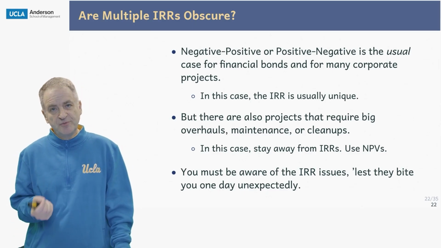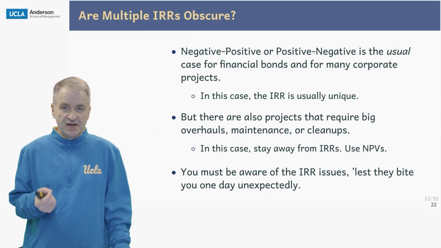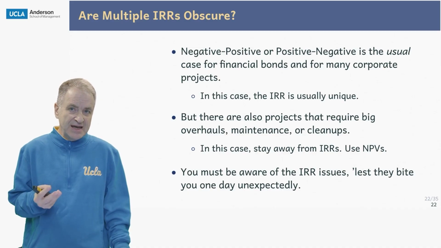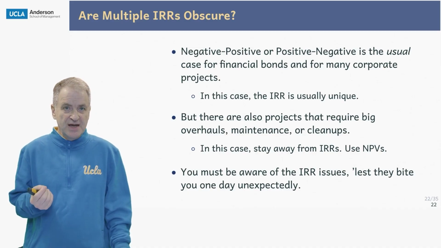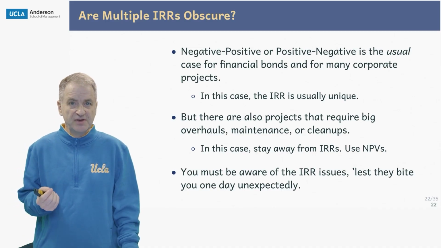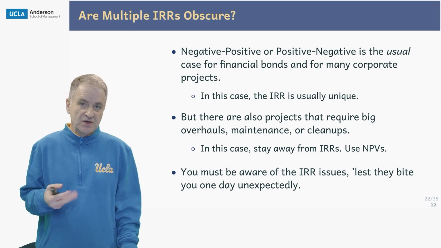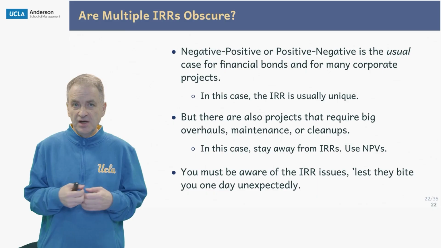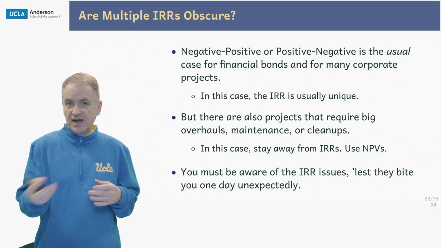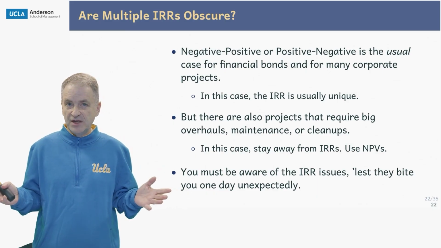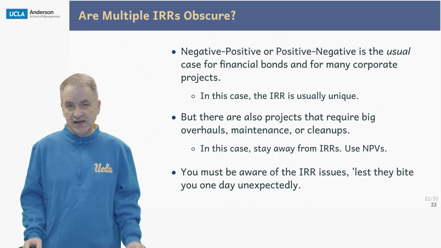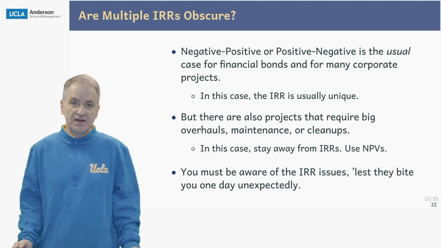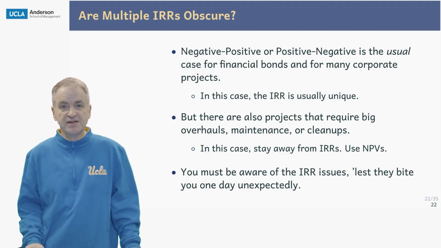Well, negative then positive, or positive then negative, is a very common case for many corporate projects, and it's almost inevitably the case for financial bonds. If you buy a financial asset, usually you have limited liability, you pay money for it once, and everything else that you will get from it is going to be positive. In this case, you're guaranteed that the internal rate of return is unique.